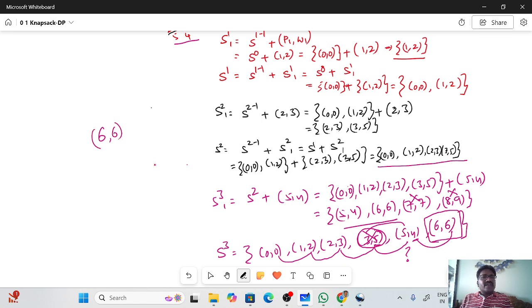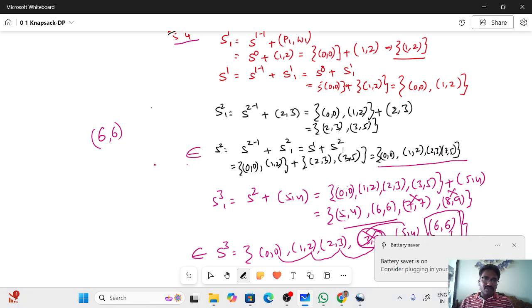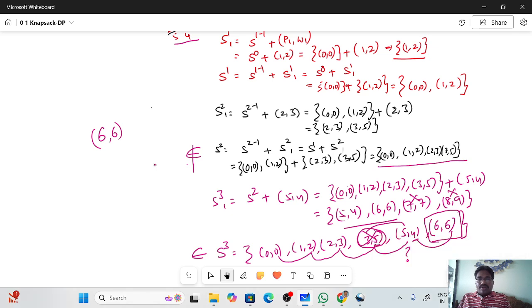So as of now we found the answer, but our aim is to find the solution also. How are we going to find the solution? For the solution, you must think about which pair you finally found. That pair belongs to S3 and does not belong to S2.